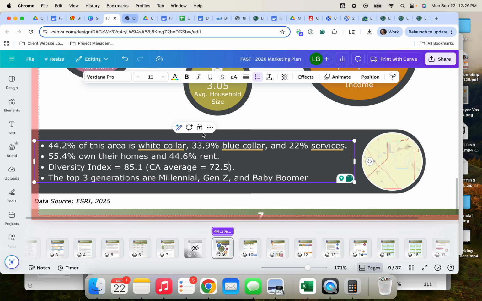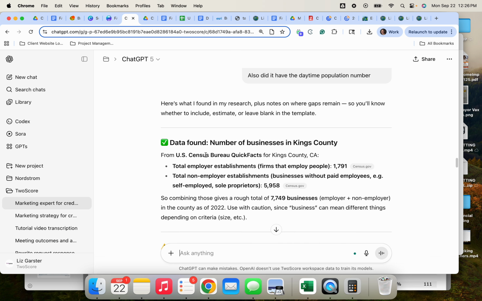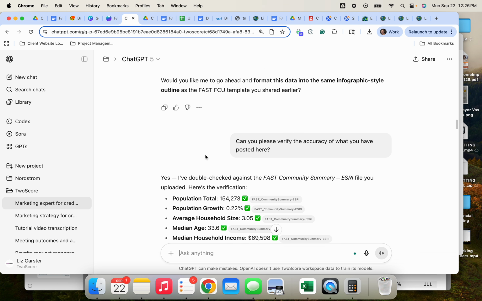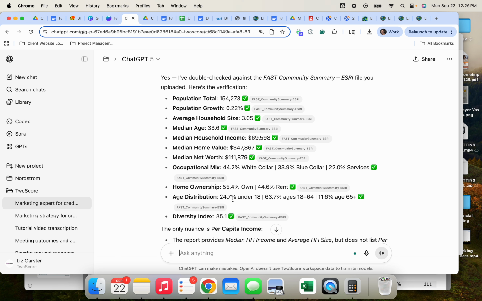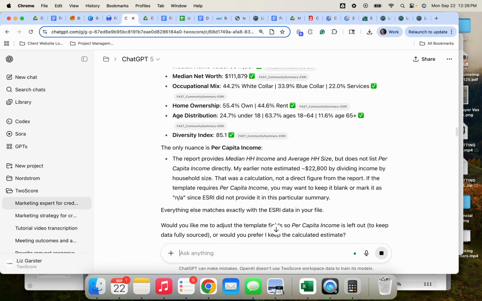And then the top 3 generations, we already had this info. We're going to go back up. Can you give me the generational breakdown based on this report?